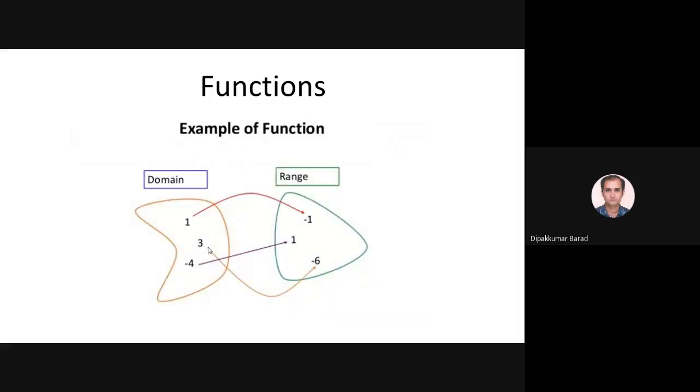Domain and range. For this example, f of 1 is equal to minus 1, f of 3 is equal to minus 6, and f of minus 4 is equal to 1.